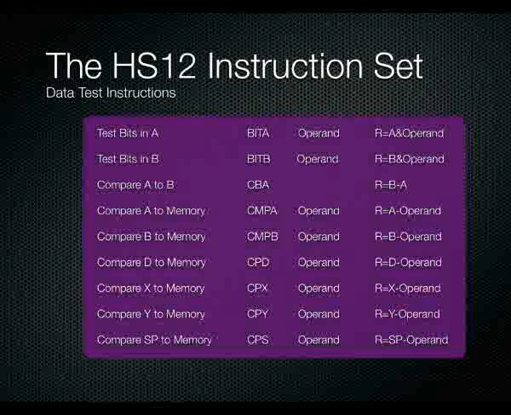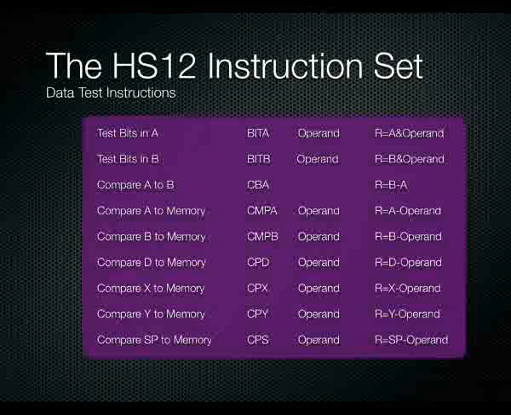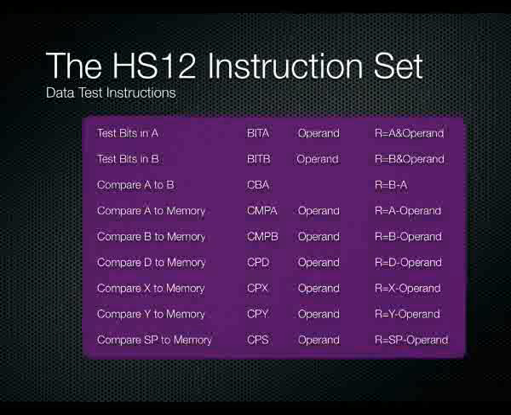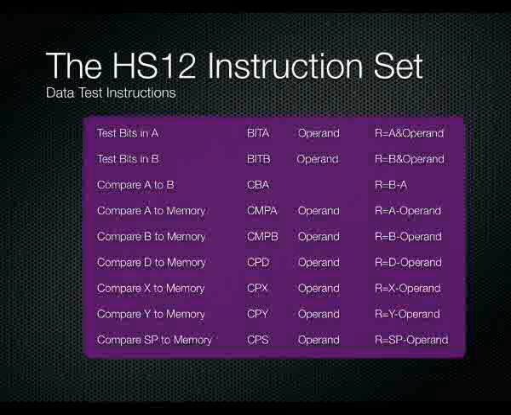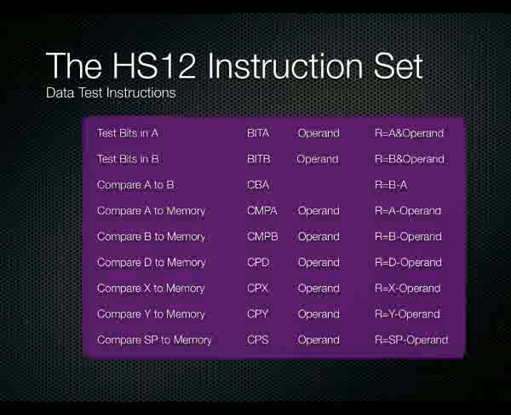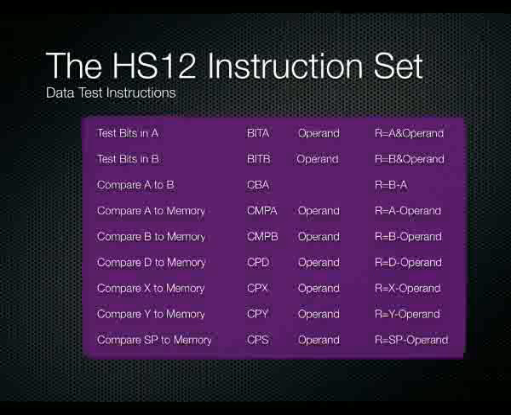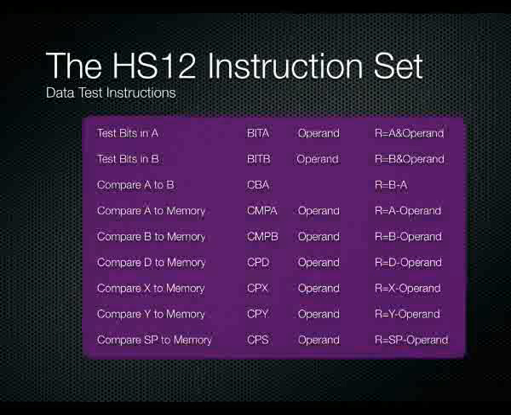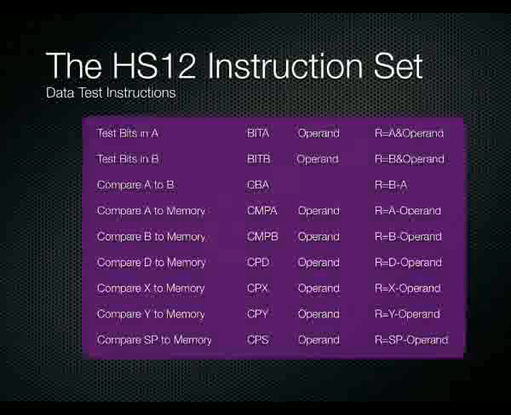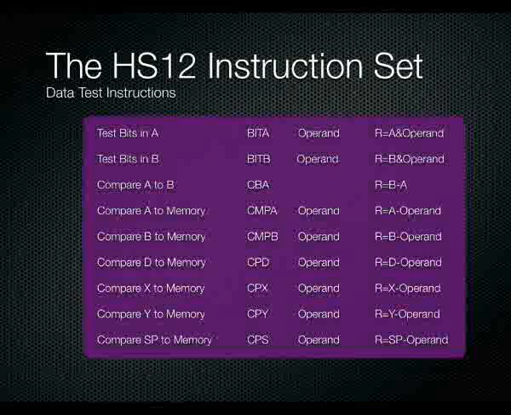So we have these compare commands which enable us to set the various bits in the condition code register prior to doing some sort of branching command, or if you just want to check the contents of a particular variable. We can test the bits in accumulator A with BITA, giving it an operand which is a mask to define which bits we want to check.